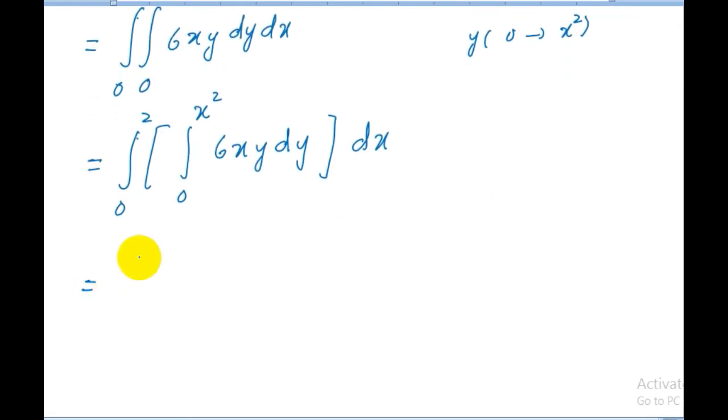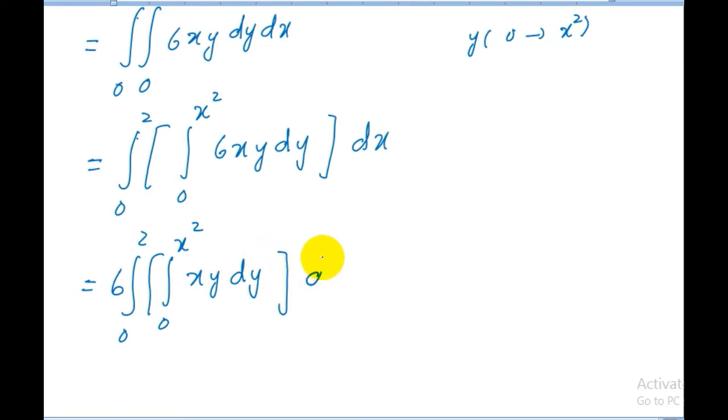Now by the constant multiple rule, we can take 6 out of this double integral. So this is equal to 6 integration 0 to 2, integration 0 to x square of xy dy, whole dx.